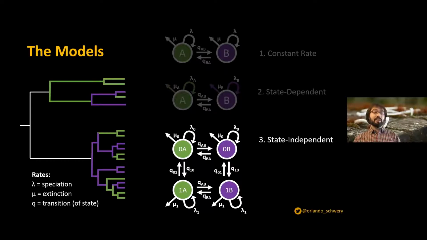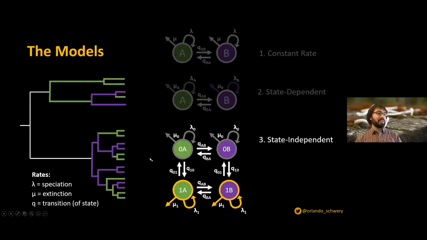And then finally, another model that people came up with that is very useful in this case are state-independent models. They still have different groups of rates, but they're not related to the trait. So you see, we still have a green trait state A and a purple trait state B, but the diversification rates are actually different between group 1 and 0, which are independent of the trait.